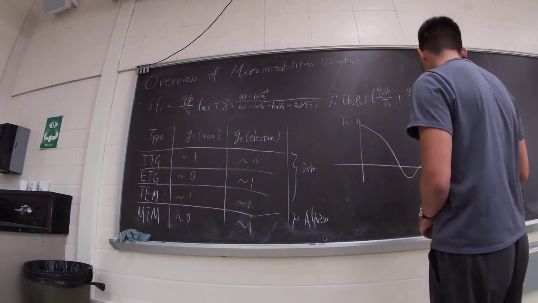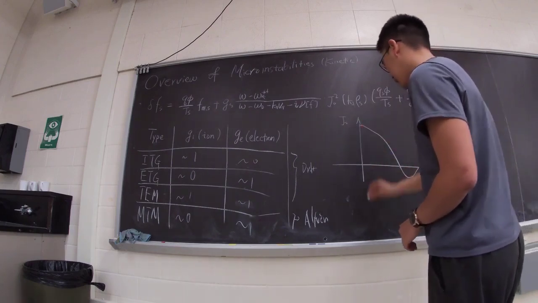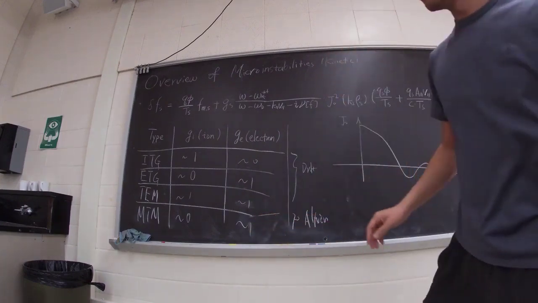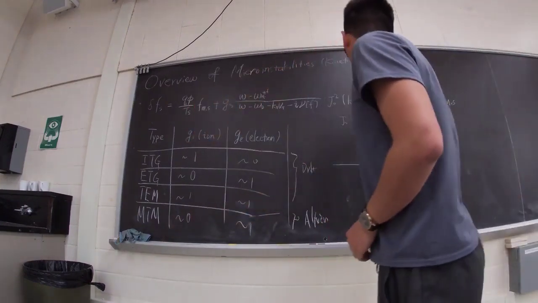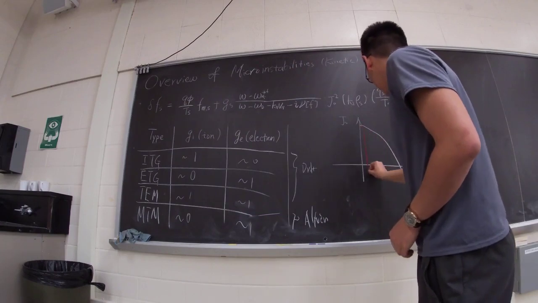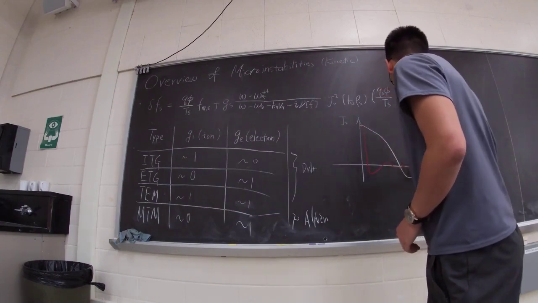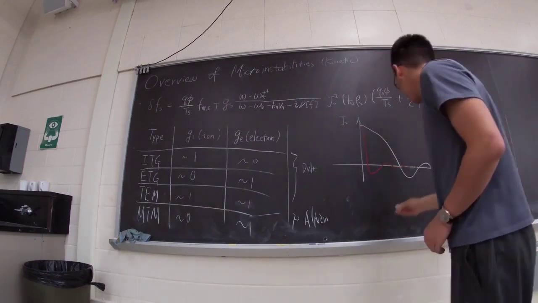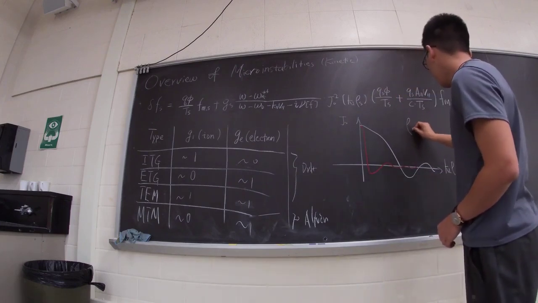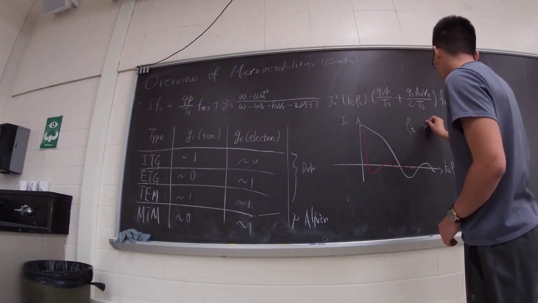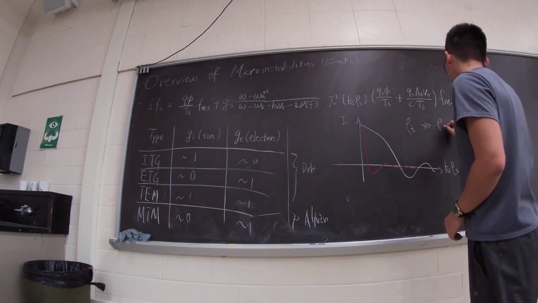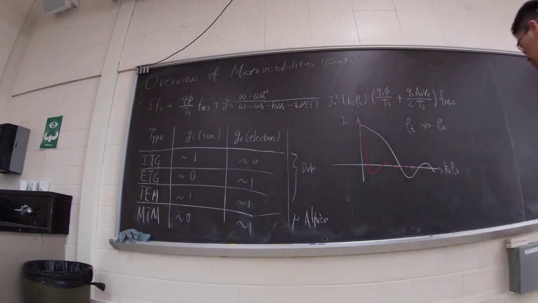For electron, I have something like this, and for ion, like this. The reason being, the gyro radius of ion is much bigger than the electron, as we know.